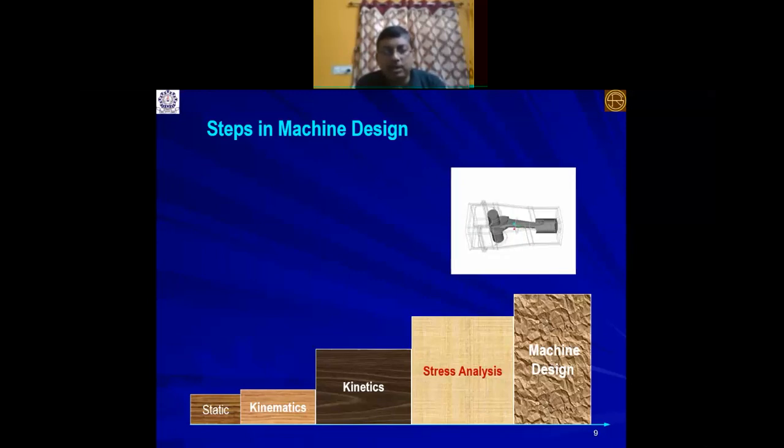So this is, in a nutshell, the steps involved in machine design, and the role of computer analysis is software used to solve the kinematics and kinetics. The benchmark software, that is basically a motion solver, is Adams. Other than that, CATIA has DMU Kinematics, there is Sim Designer in CATIA, and there is a solver in SolidWorks.